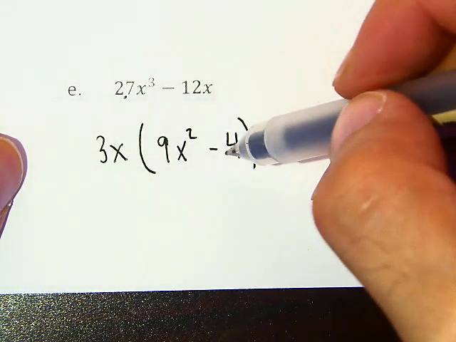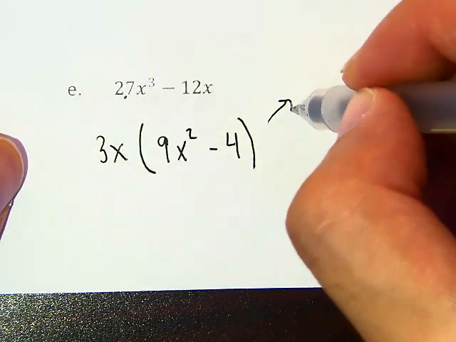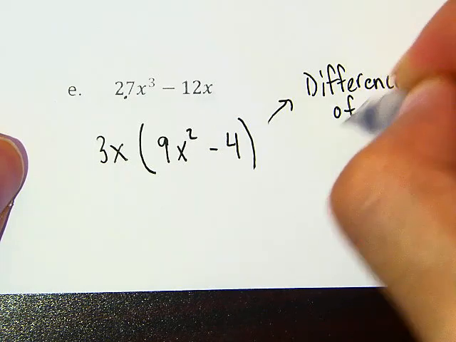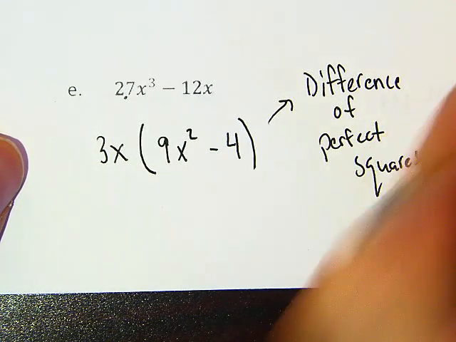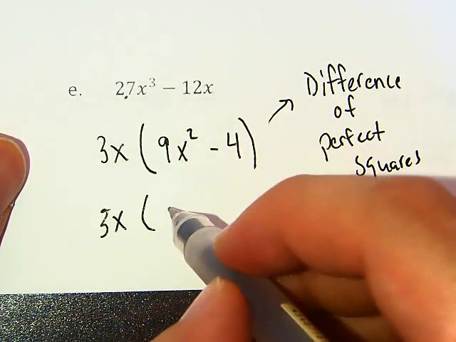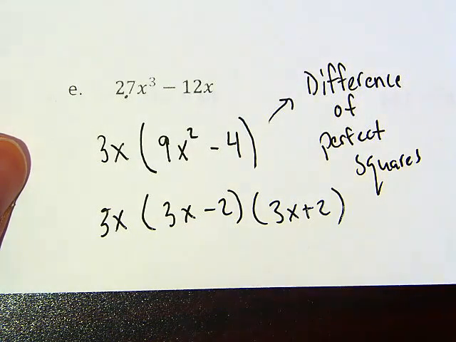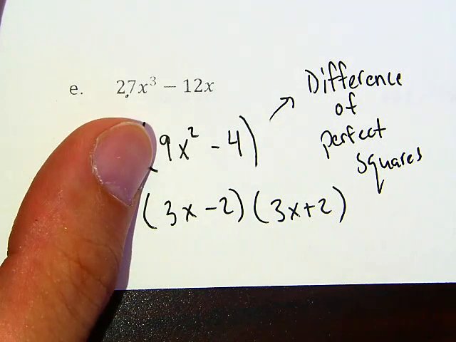But then can I factor again? Notice that this is a difference of perfect squares. And how do you factor a difference of perfect squares? This just becomes 3x minus 2, 3x plus 2. So this is equal to that.